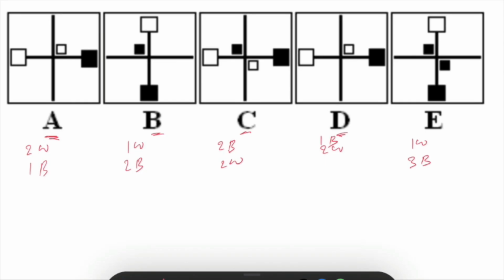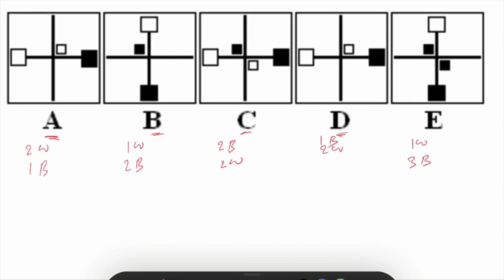And in D, the two white boxes exceed the black box by one. But here in E, three black boxes exceed the one white box by two. So here it's not purely logical, it doesn't help to strongly believe that E is the odd one.